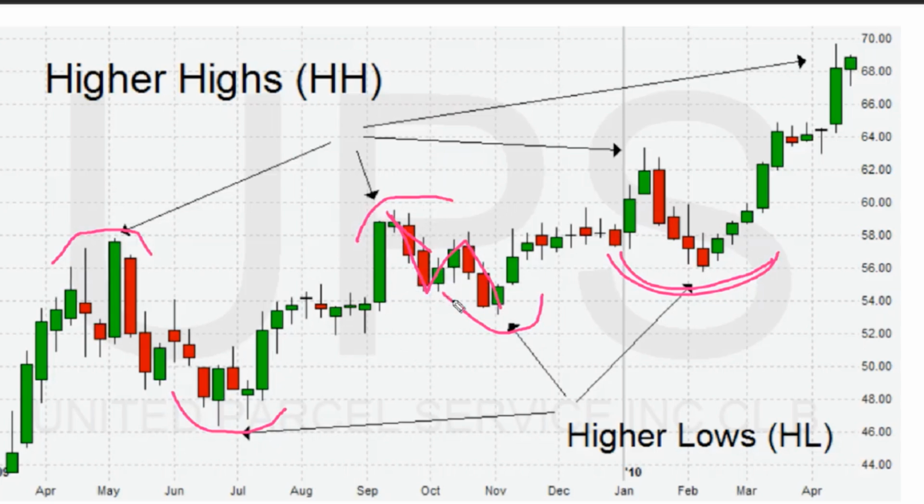So this is the area right here where buyers said that's enough. They came in and they fought the sellers and they won. You'll notice a lot of traders talk a lot about fighting when it comes to charts, because as we talked about in the order entry, there's your bid and your ask, and they're always kind of competing for the best price.